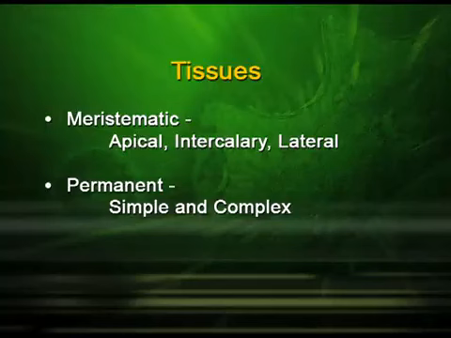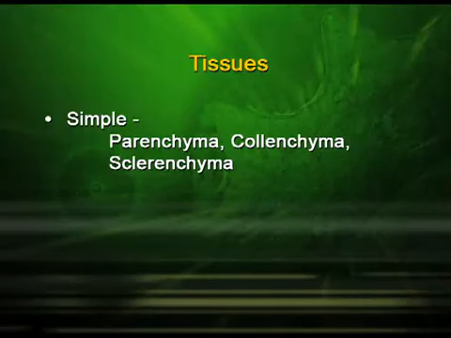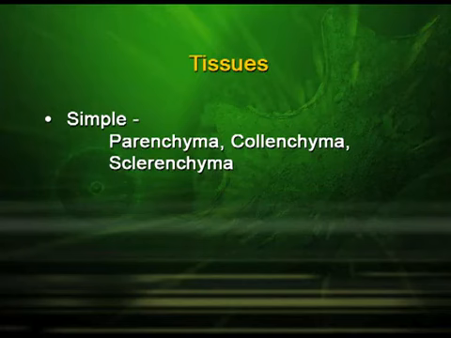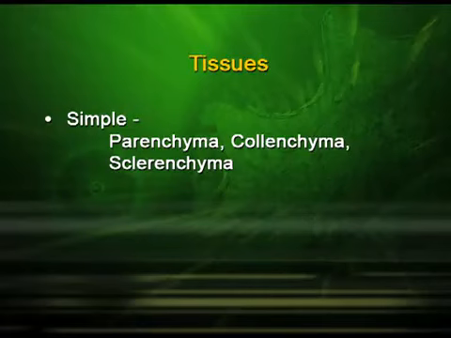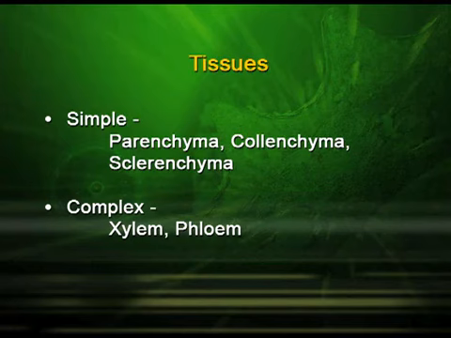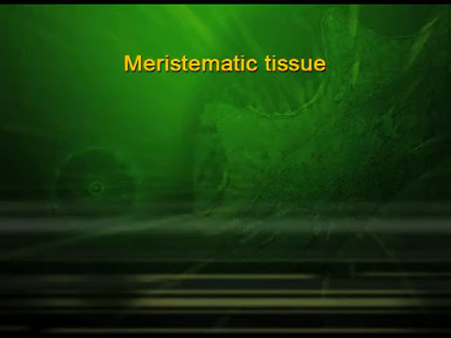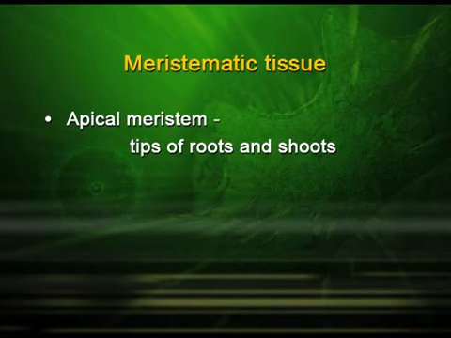The permanent tissues are of two types, the simple tissues and the complex tissues. The simple tissues are made up of parenchyma, collenchyma and sclerenchyma, and the complex tissues are made up of xylem and phloem. Meristematic tissue. The apical meristem is found in the tips of roots and shoots.